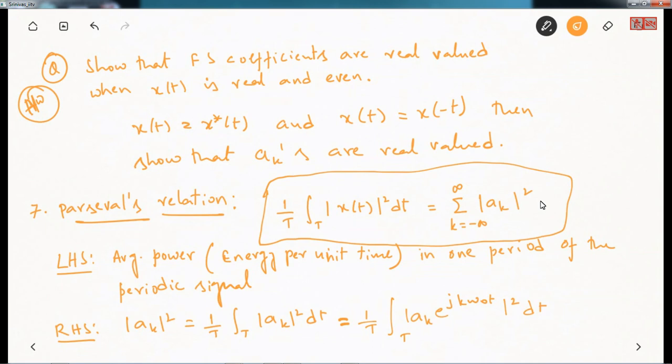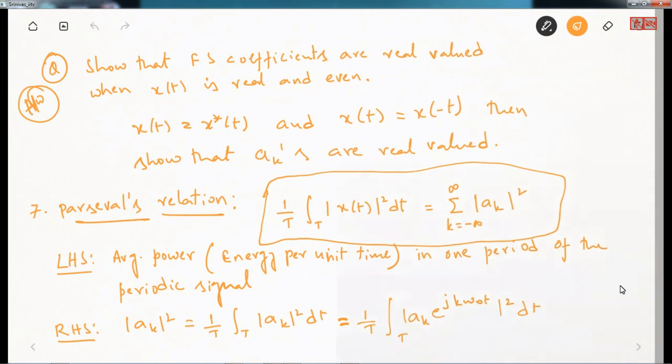Let me add some more clarification here.